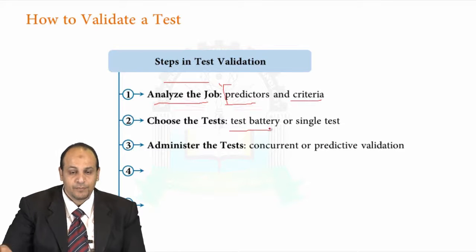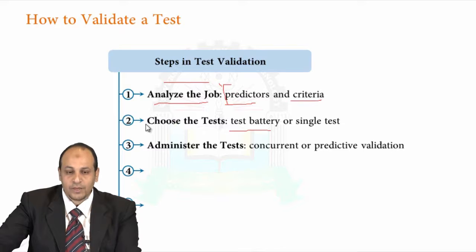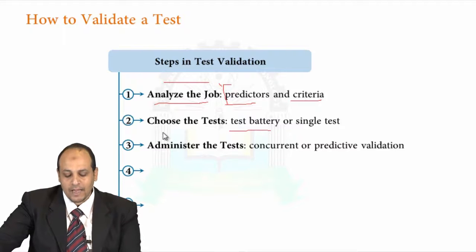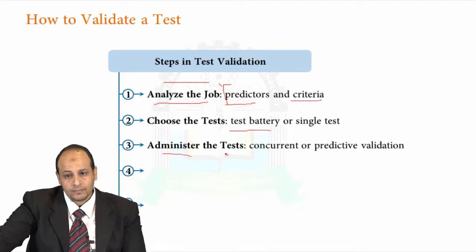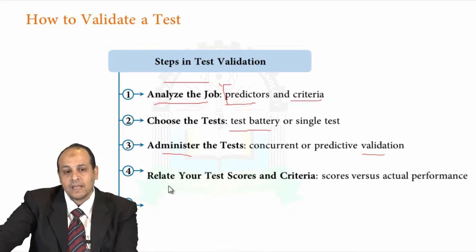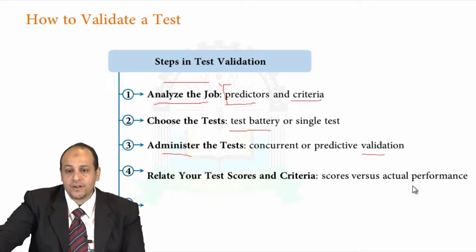Step number 3, once we are sure of the type of test we have, we need to conduct the test. That's why we say concurrent or predictive validation, as we start with the test itself, and then relate your test scores and criteria scores versus the actual performance.